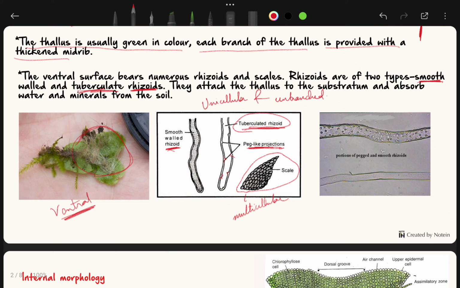They will be found on the peripheral regions, on the margins of the plant body, and these scales are pink or purple in color. This is due to the presence of a pigment known as anthocyanin.